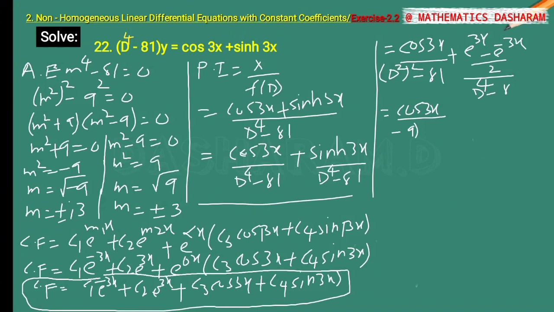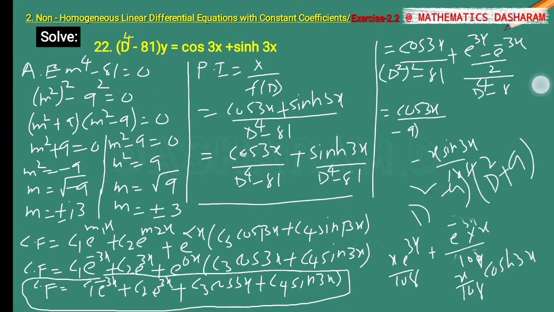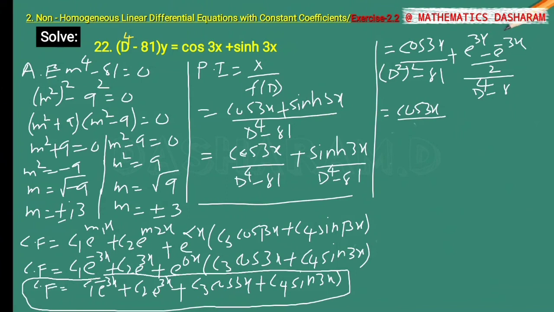So it is equal to cos 3x. Now substitute D square equals to minus 9 only in this. Okay, so D square plus 9 into here minus 9 plus 1 by 2 bracket of, here we can split into two fractions.